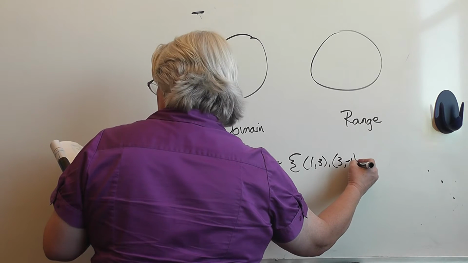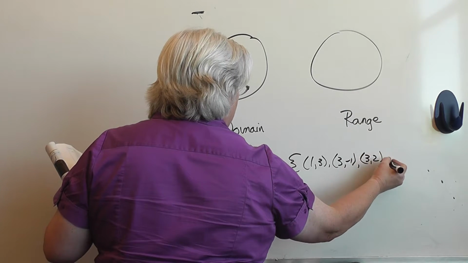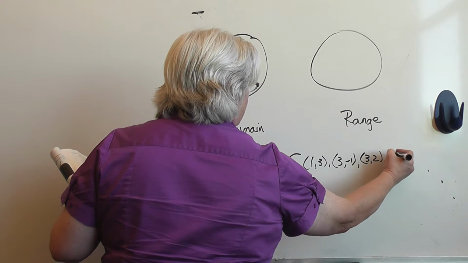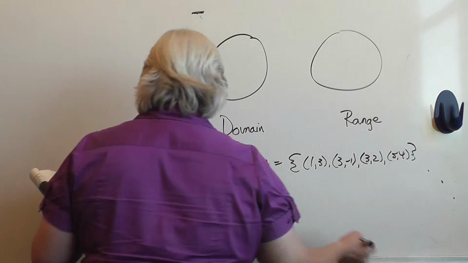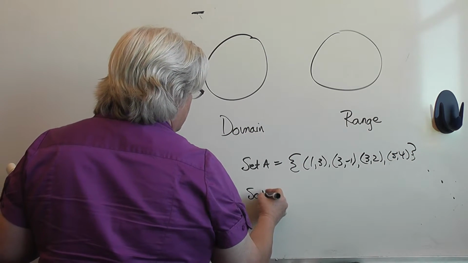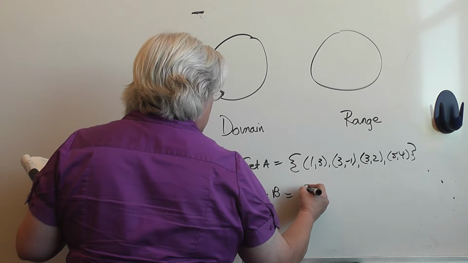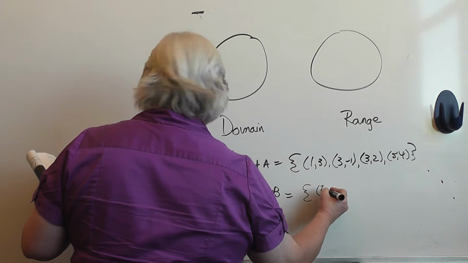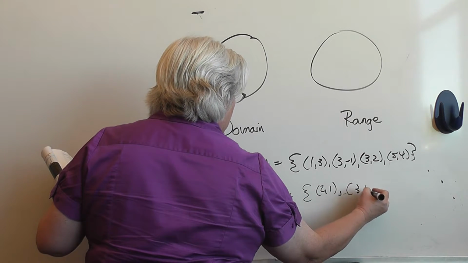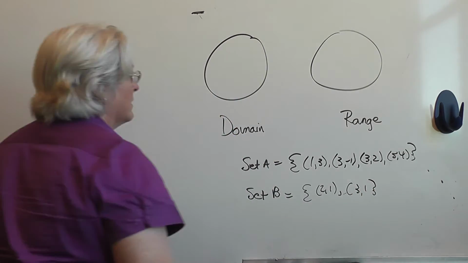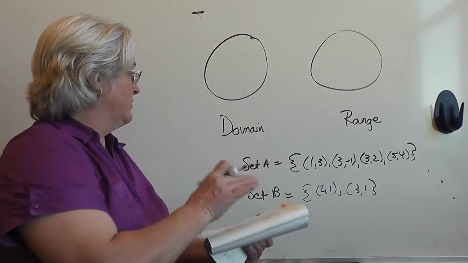And then you have set B, which has only two ordered pairs in it, and they are the ordered pairs (2, 1) and (3, 1). Okay? It says use circle mappings or circle graphs to show these.